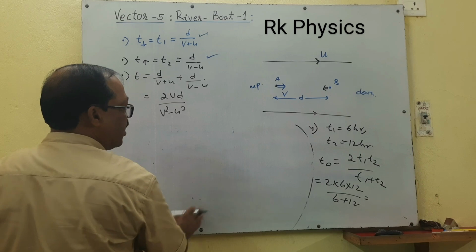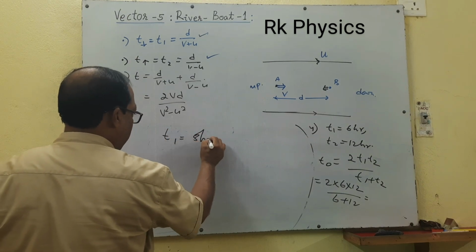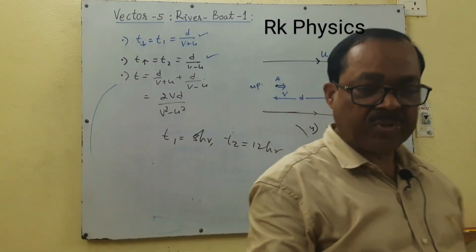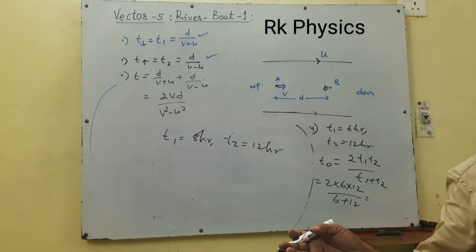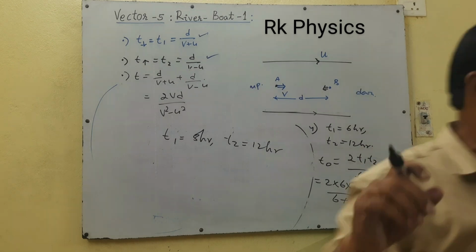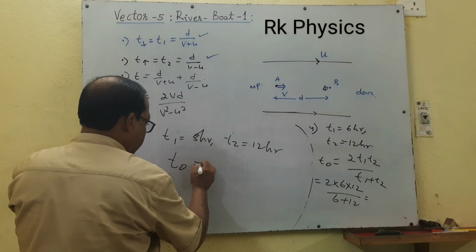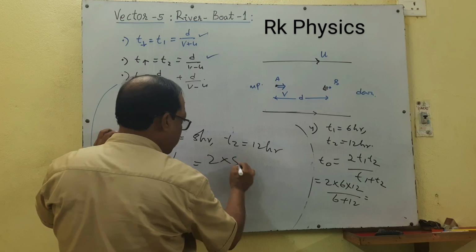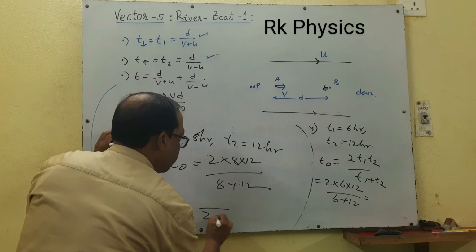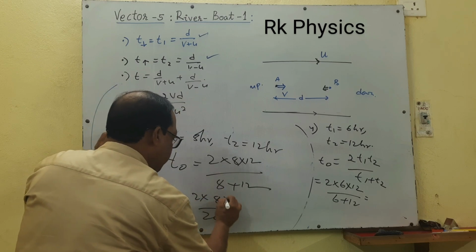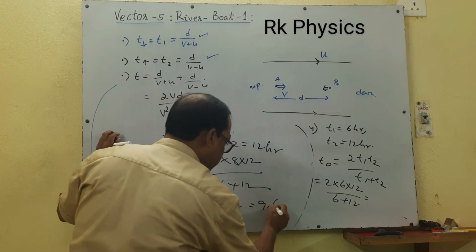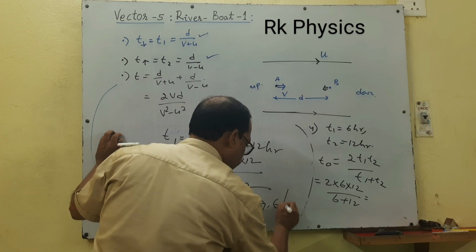If t1 equals 8 hours and t2 equals 12 hours, 8 and 12 are asked many times in different entrance questions. Then what is the time taken to cover in still water? 2 into 8 into 12 divided by 8 plus 12. This is 20, so 2 into 8 into 12 is 192 divided by 20, which is 9.6 hours.